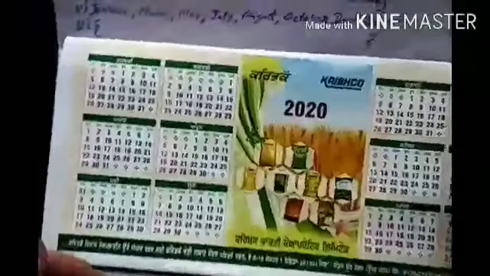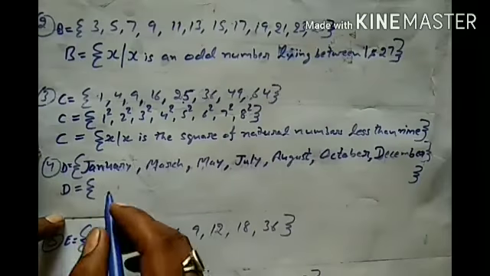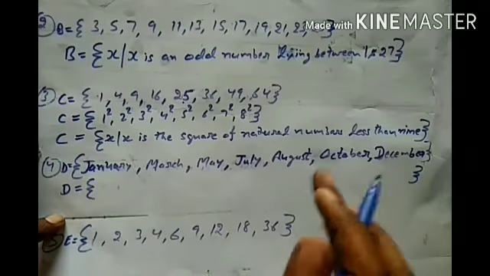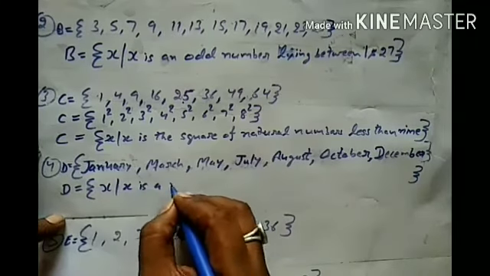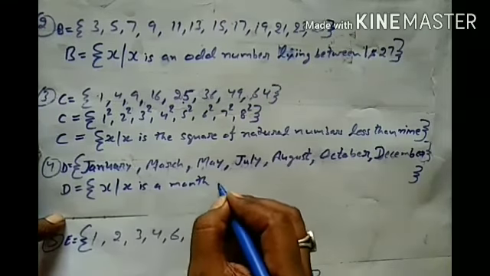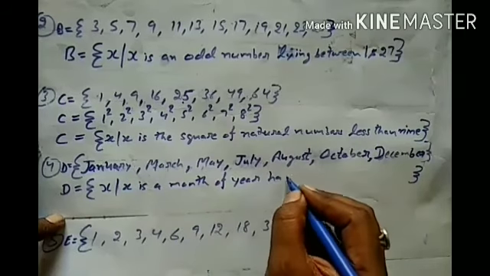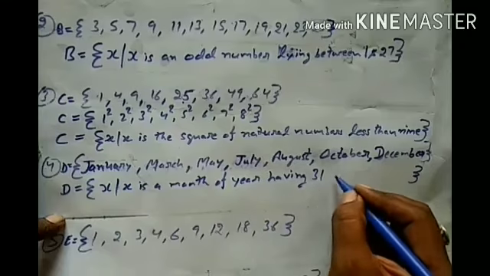So with this observation I have seen all months have the same number of days, that is 31. So x such that x is a month of the year having 31 days.